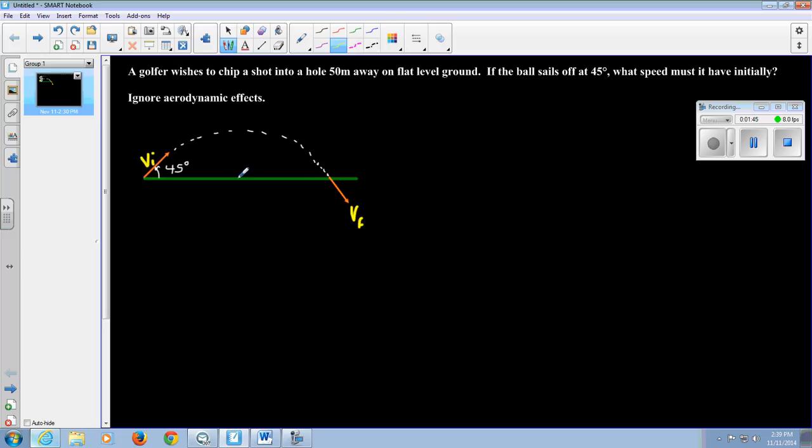But maybe I do know some things in terms of x and y direction. For my x direction, all my x direction stuff, we're going to use red. So I know my range, or my displacement in the x direction, equals 50 meters.